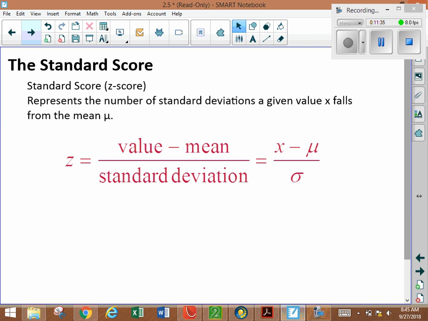All right, we're going to look at a standardized score, so we're going to look at a z-score. A z-score tells us how many standard deviations from the mean a particular value in our data set falls.